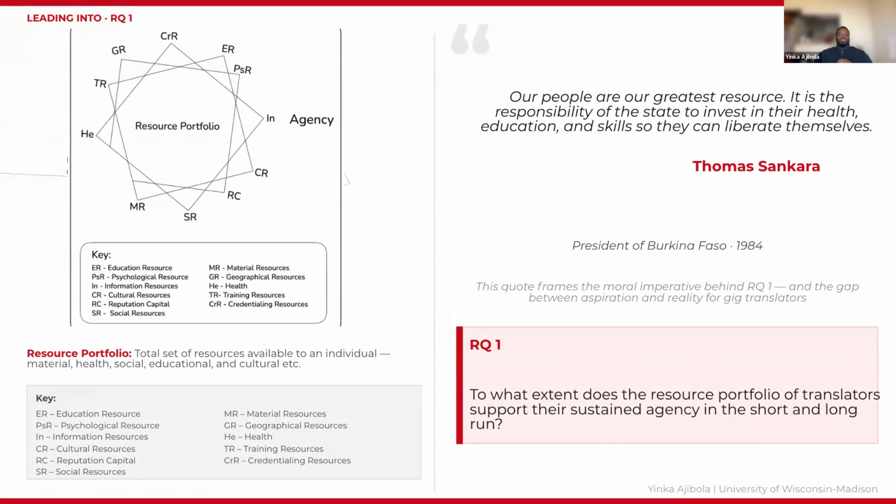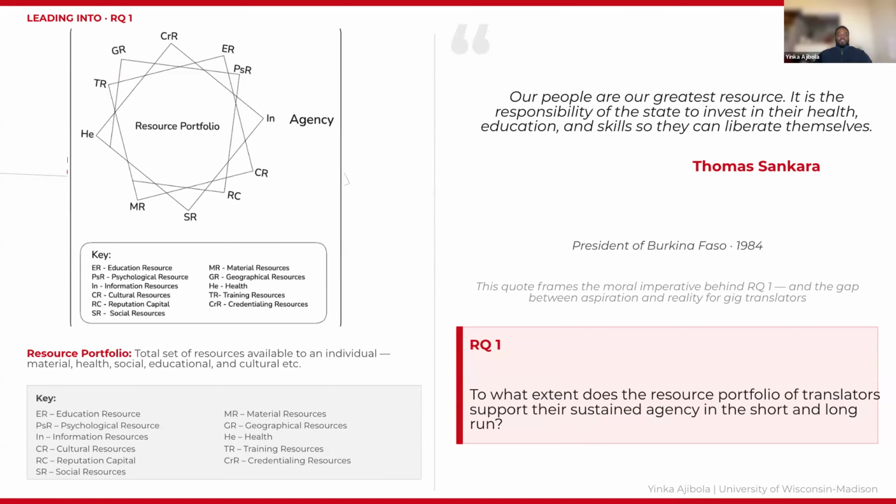Moving on to my first research question. To address my first question, about the extent to which their resources sustain over the short and the long run, I used a qualitative research design based on semi-structured in-person interviews.